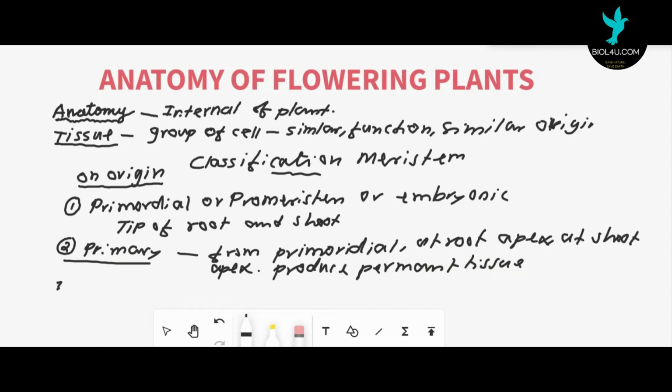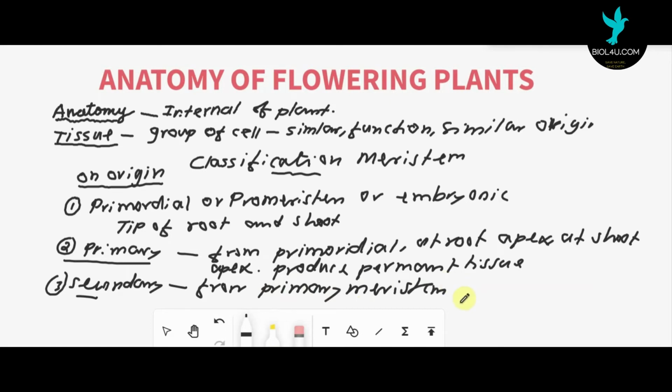And the third type is the secondary meristem. Let me explain what the secondary meristem actually is. The meristem developing from the primary meristem is known as the secondary meristem, and it forms the permanent tissue later.